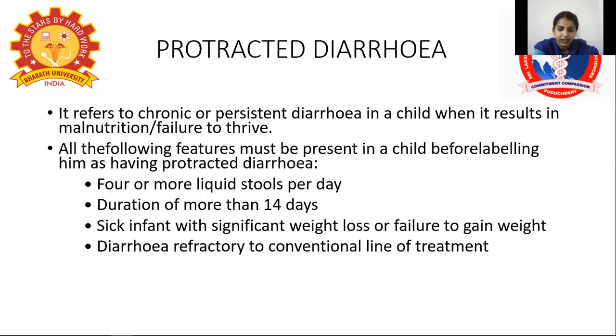So before labeling a child as having protracted diarrhea, the following must be present: 4 or more liquid stools per day, the duration of those stools should be more than 14 days, the child should be sick with significant weight loss or failure to gain weight, and diarrhea that is refractory to conventional treatment. All these 4 should be there to label a child as having protracted or refractory diarrhea.